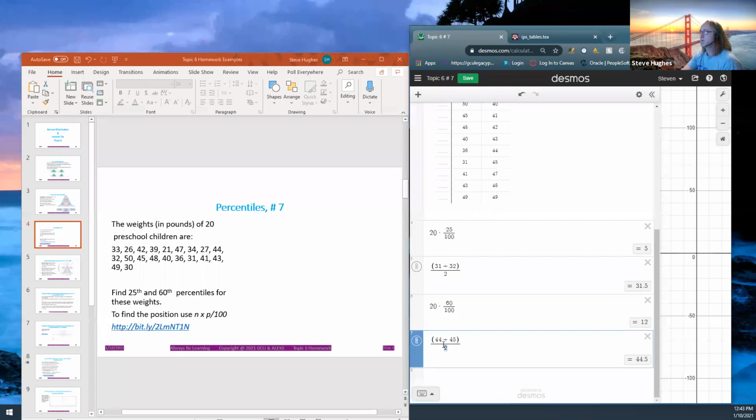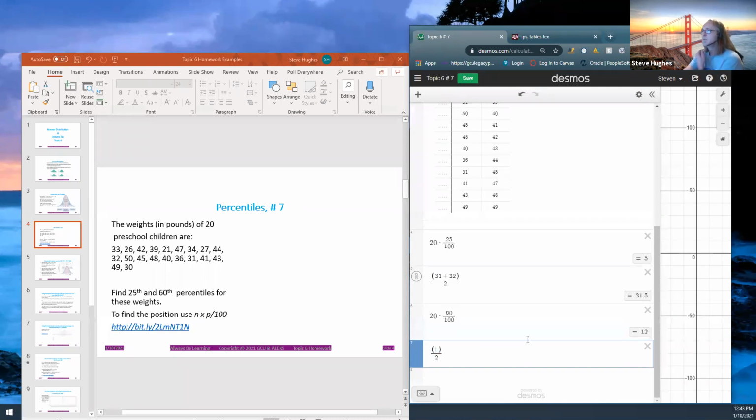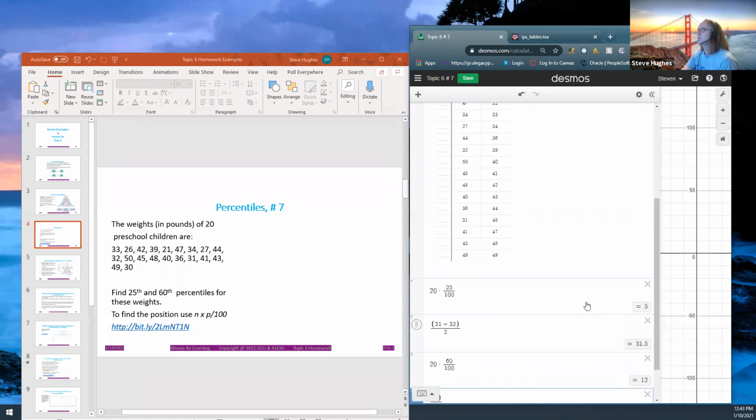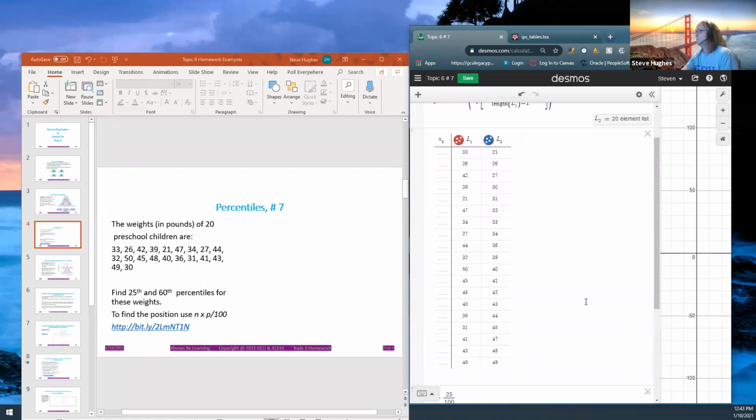Okay, so let's get rid of this value right here. We need to change these values because I had an incorrect calculation. All right, let's go back up here and look for the 12th position. Everybody with me, okay? The 12th one. Let's count down here together. 1, 2, 3, 4, 5, 6, 7, 8, 9, 10, 11, 12, right there.